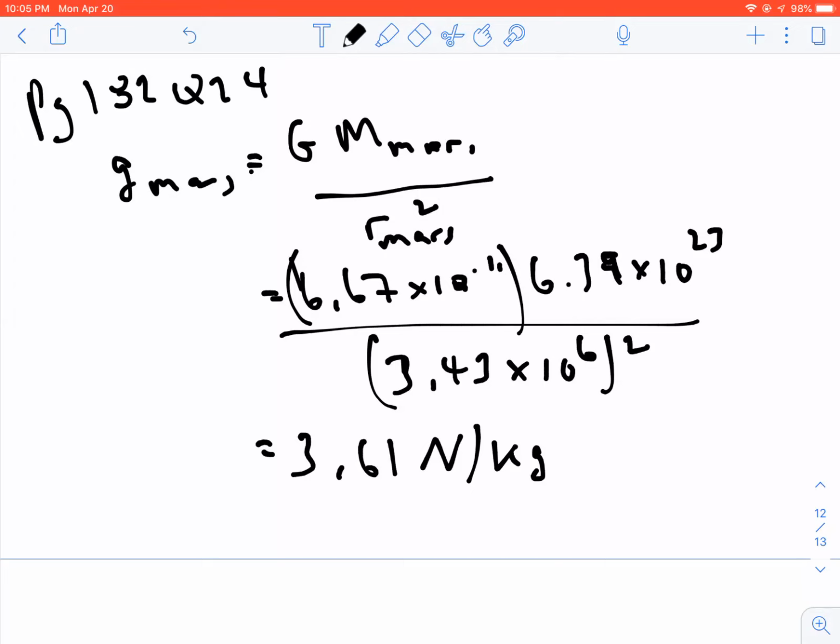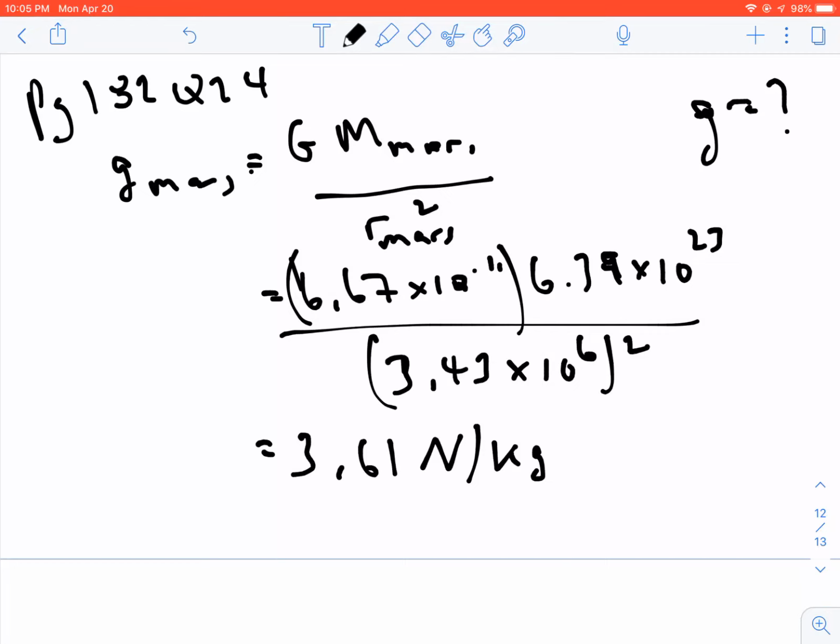Now, if I look at question 24 in the textbook, it says calculate the gravitational field constant. Calculate little g. We know little g is 9.8, right? But it says, for the following planets.